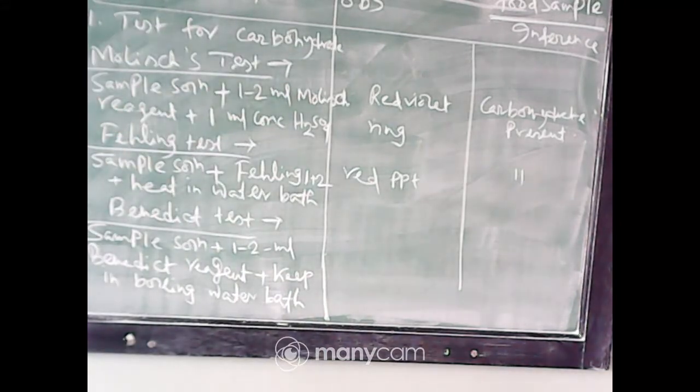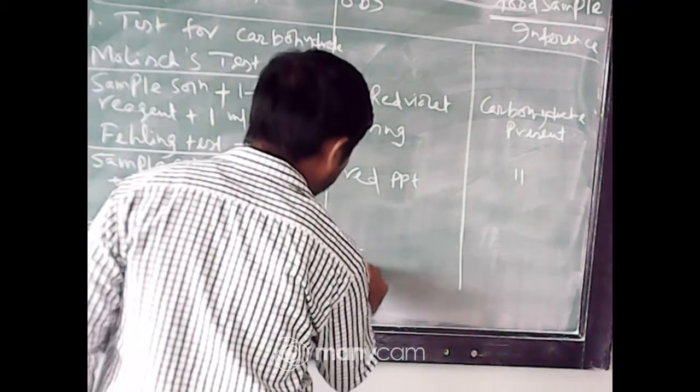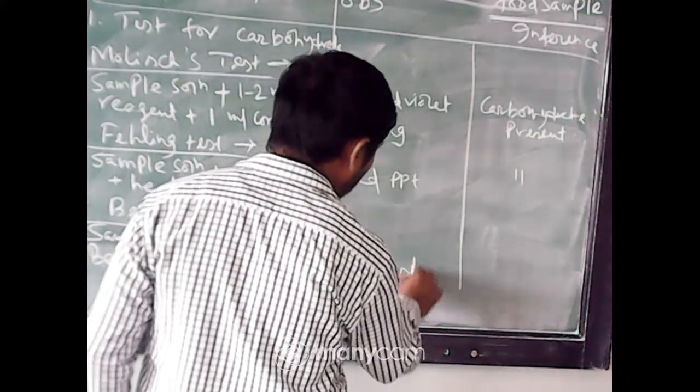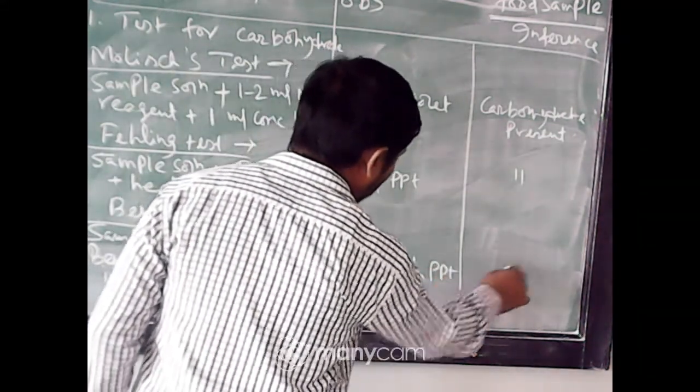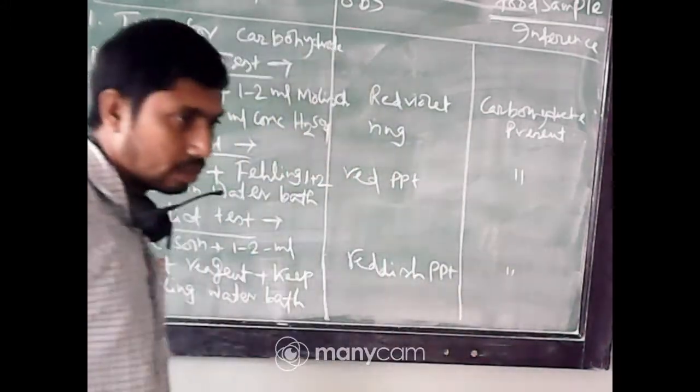It will give you a reddish precipitate or reddish coloration, which confirms carbohydrate is present.